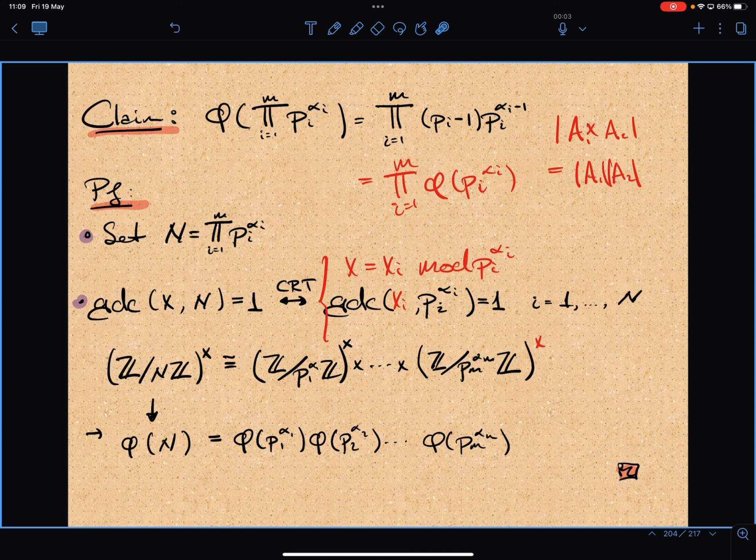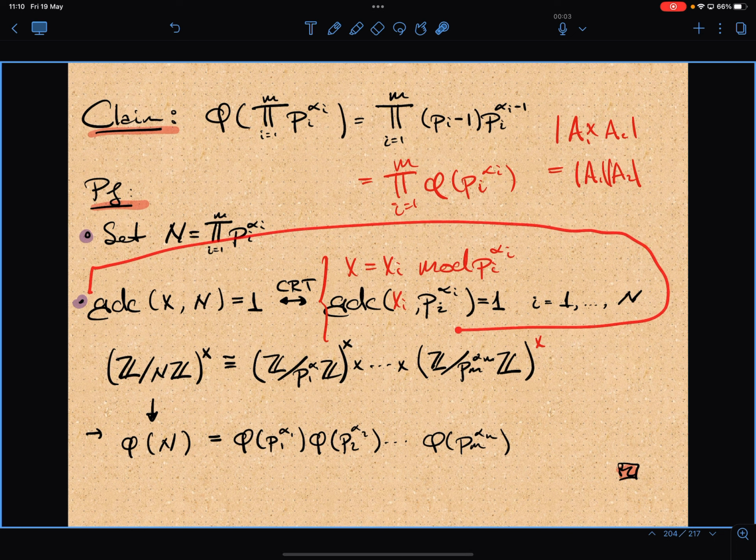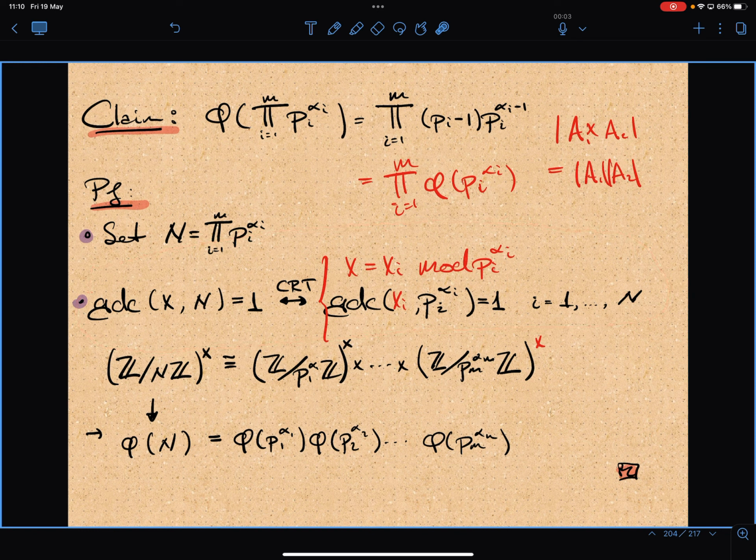So I take the product of all of those, and I get the equality. So this is the main idea, and I want to take some time to go through this, because once we establish that if we have an element in this set, then by the Chinese remainder theorem these are going to be the same, and then we have equality.